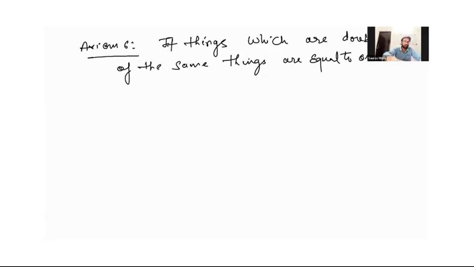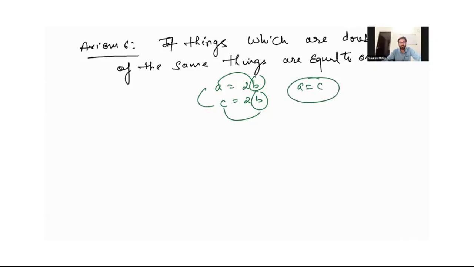That means if I say my A is twice of B and C is twice of B, see A is double of B and this C is also double of the same B, then these two are also equal to each other. Since it is the same, this will also be the same. Okay, now this is your axiom 6.